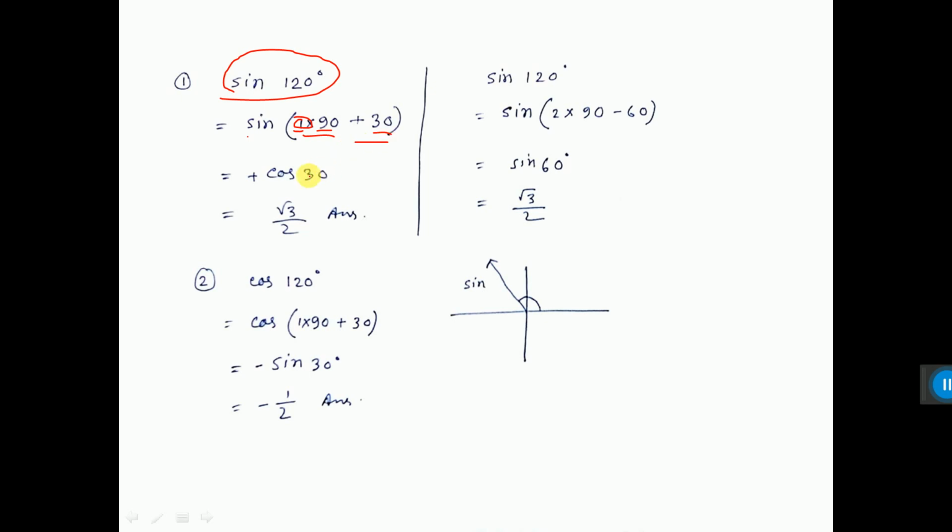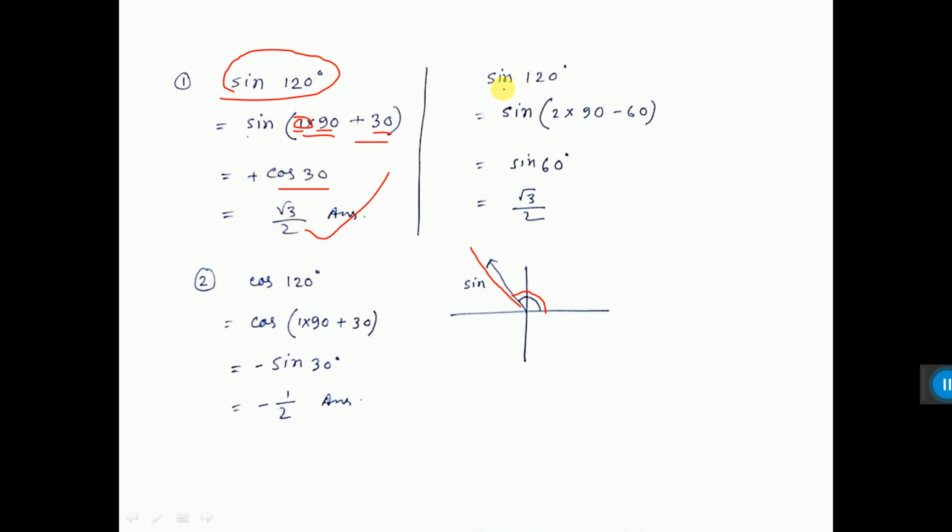At the same time we have to see which quadrant it falls in. 120 is 1 into 90 plus theta. So it is in the second quadrant, where all sin are positive. Our sum is sin, so it is positive. And cos 30 value, root 3 by 2, you know. So this is the answer.